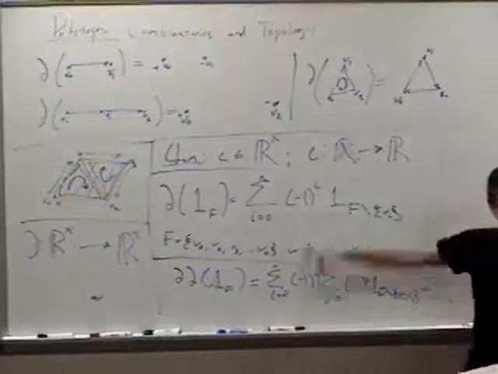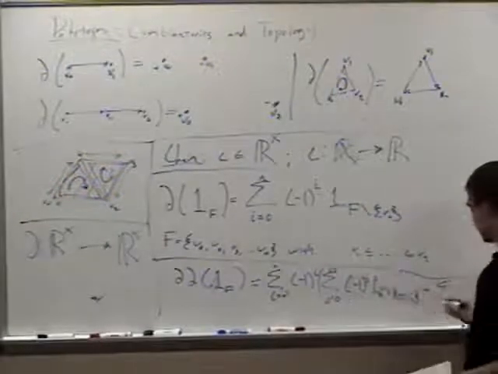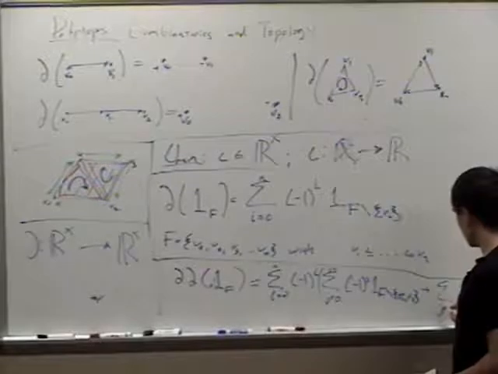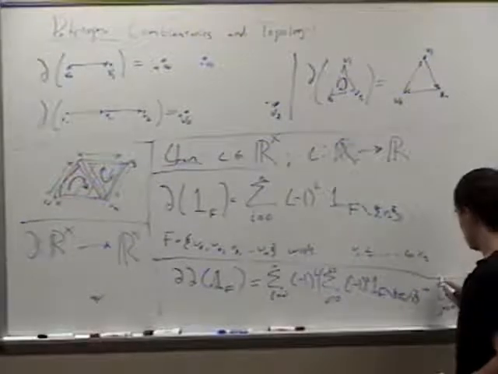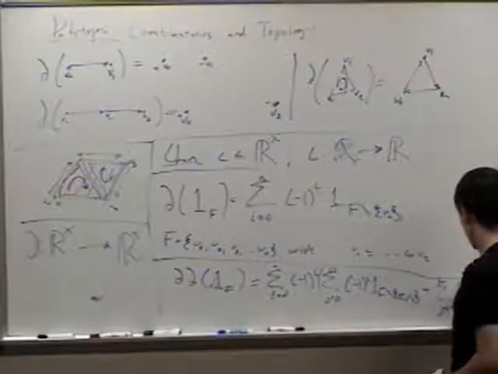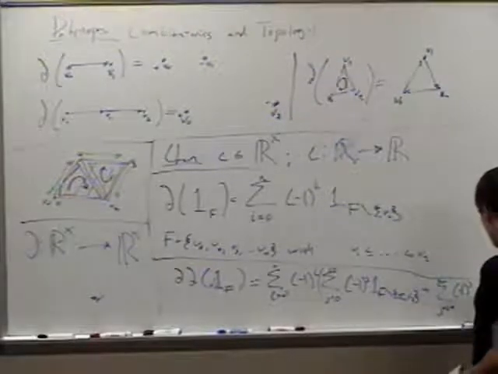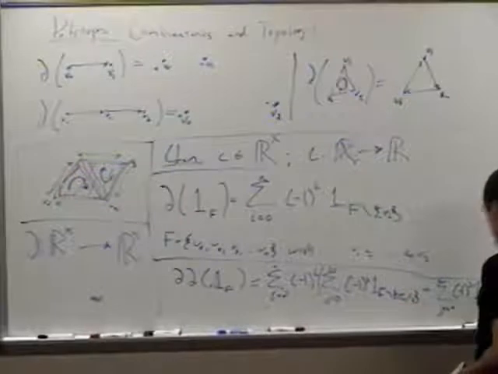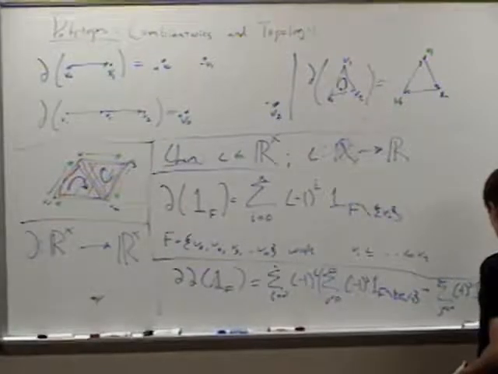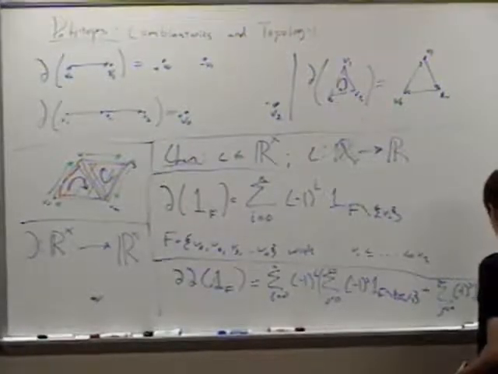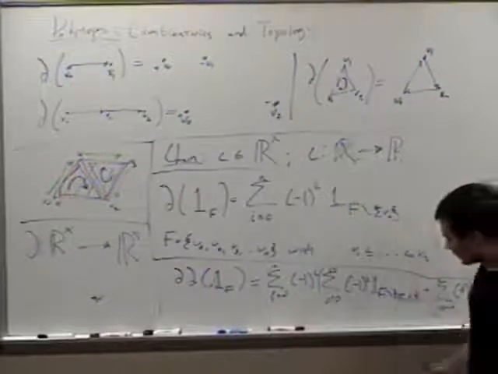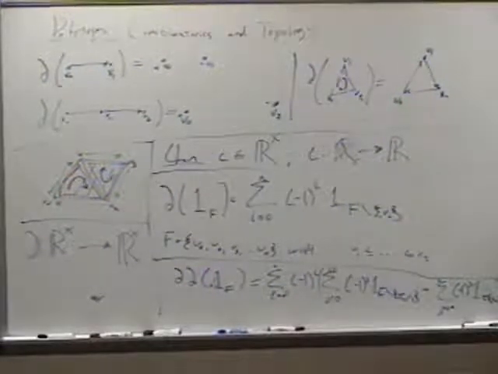So I'm basically summing all the way up to i, and then I'll sum from i all the way up to the rest, so from j equals i plus 1 to n of (-1)^j again, times the face with v_i and v_j removed.